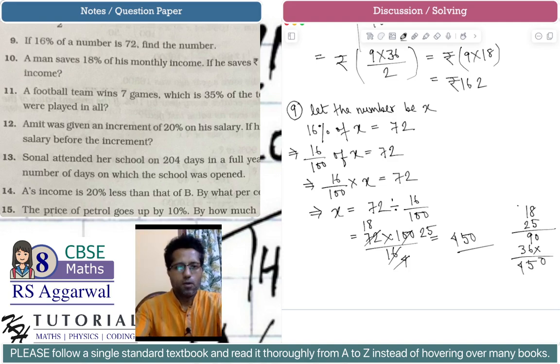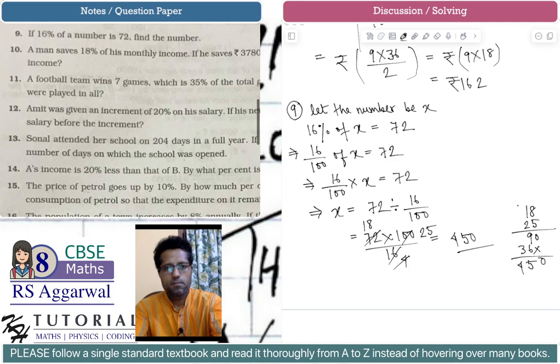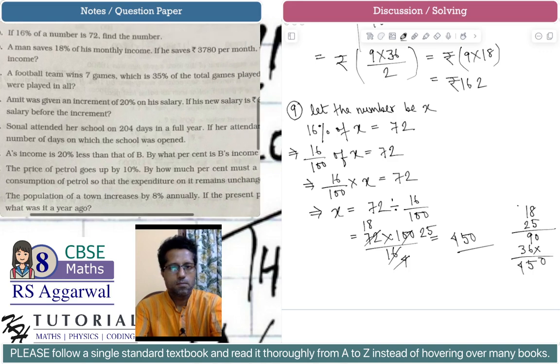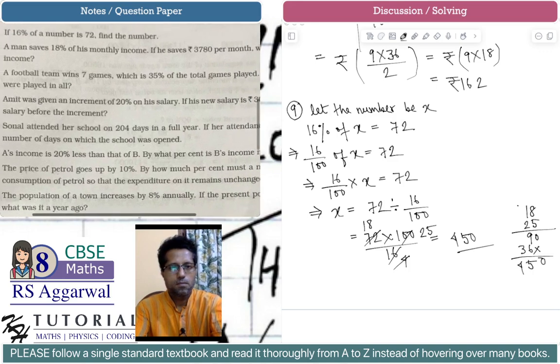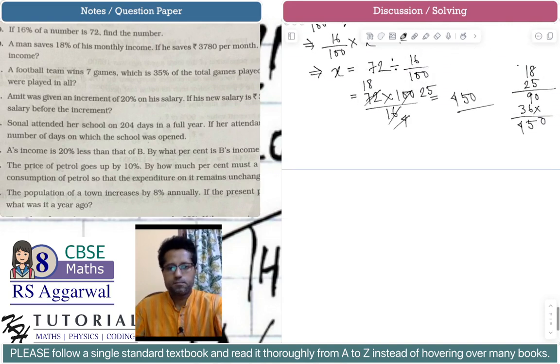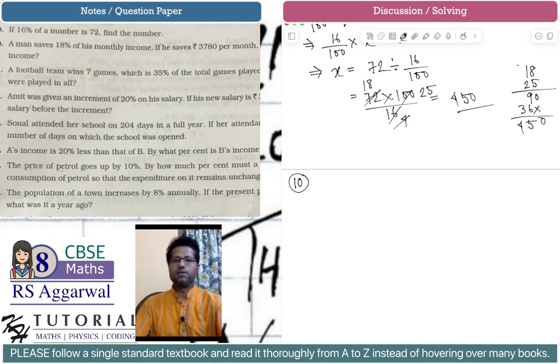Okay, let's do problem number 10. Problem number 10 says a man saves 18% of his monthly income.